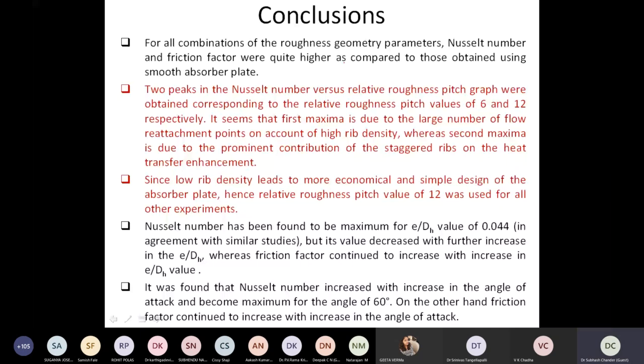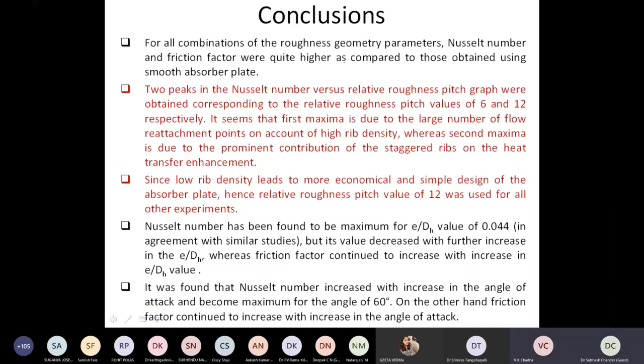Nusselt number was found to be maximum at 0.044 of the rib height. If rib height increases, then again the gain was less. I found that Nusselt number increases with increase in angle, up to 60 degrees, where we could get the optimum value of heat transfer.